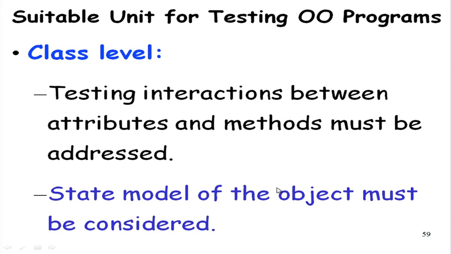So, we need to consider the state model of the class and have the object assume different states, and then we need to test the methods there. So, not only do we have to test the method interactions through class variables, but also we need to test the methods at different states of the class.